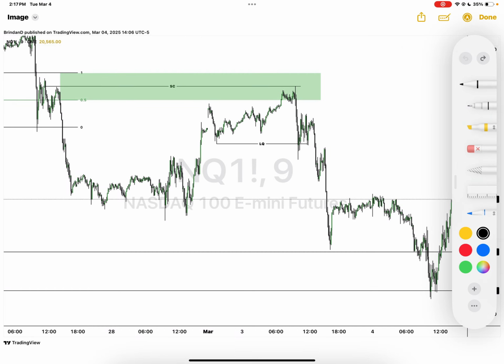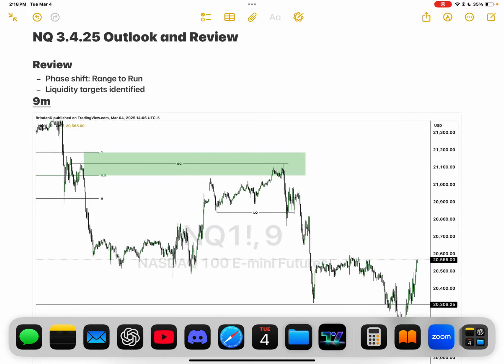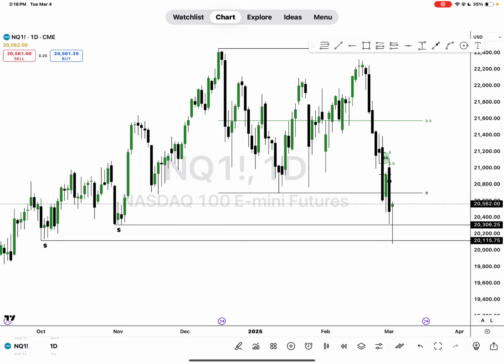Right, but I'm going to show you how I found this 9-minute candle before it happened, and how I go about finding my trade setups when it comes to the trend phase of the market. So we're going to go over here to the charts now, and I'm going to show you what I would have done.